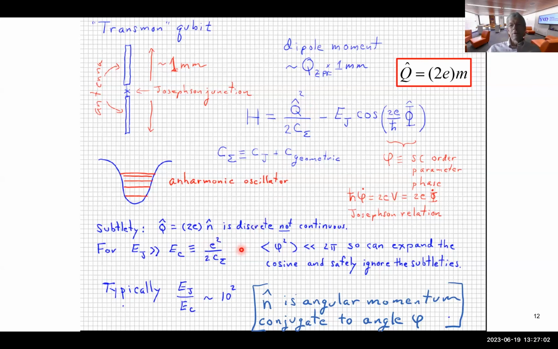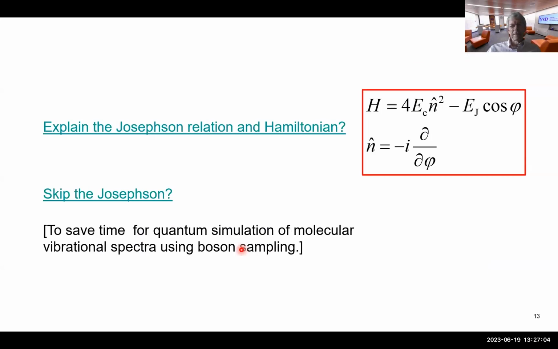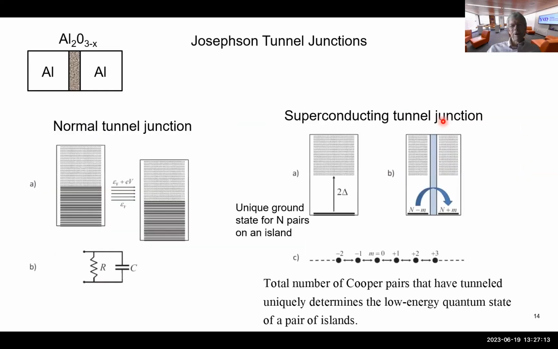Okay, so we're going to take a moment and derive this quantum Hamiltonian for the transmon tunnel junction. So again, it's two pieces of aluminum with a, sadly not stoichiometric, aluminum oxide barrier.